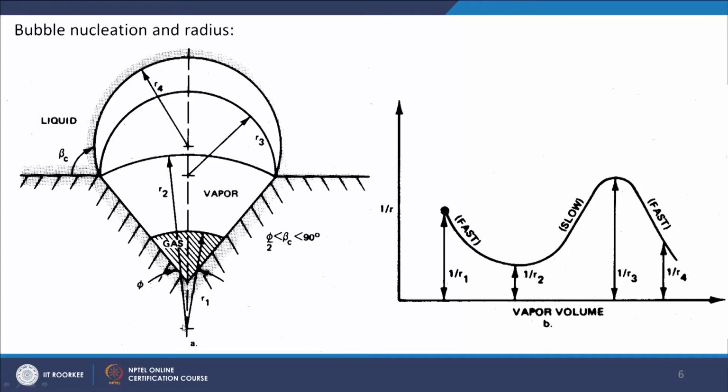So, this is below the domain of your nucleation site. As it increases its volume, this interface will move in the outward direction, and after some time it comes to the limiting zone when the interface corners have touched the free surface. Free surface means solid surface, the outer periphery of the solid surface.